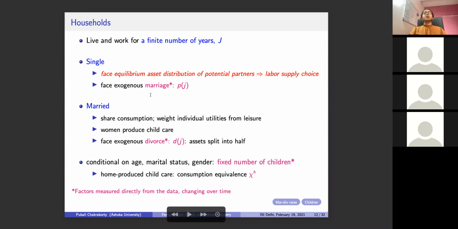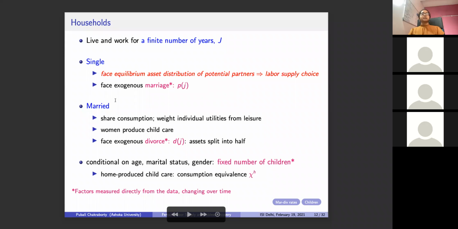But in this framework, the households need to know the exact distribution of assets in terms of their potential partners. And this essentially poses a tricky fixed point problem, which I'm able to overcome in my model solution.